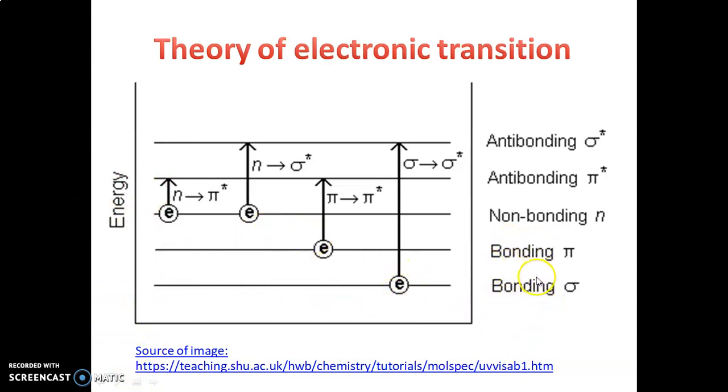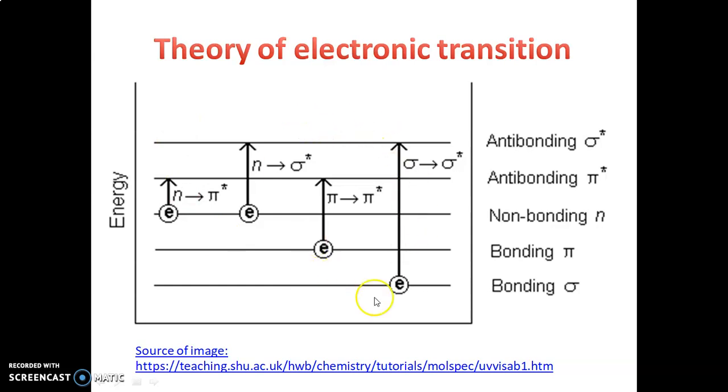The sigma bonding energy level is the most stable one. Above that there are the pi bonding energy level and the non-bonding energy level. So all these energy levels, bonding sigma, bonding pi, and non-bonding n, are called lower energy levels, while anti-bonding pi star and anti-bonding sigma star are called higher energy levels. Now when UV visible light falls on the molecule, there is excitation of electrons from ground state energy level to the excited state energy level.